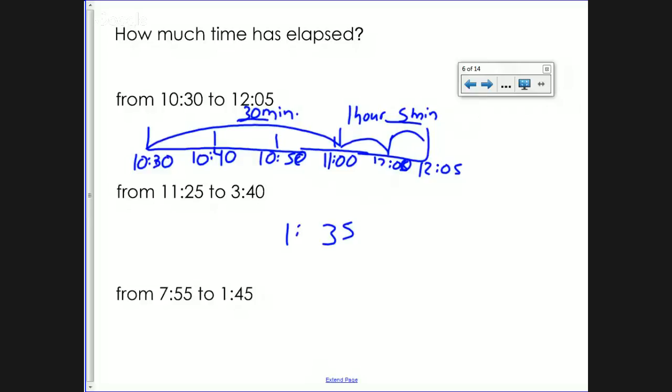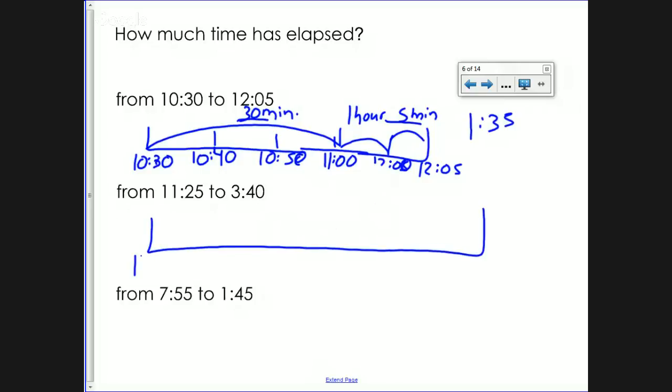I'm just going to move this number over here. So now we're going to look at 11:25 going to 3:40. So 11:25, 11:30. So if we're counting by fives, 5 minutes have gone by.